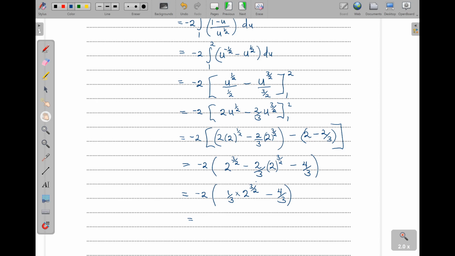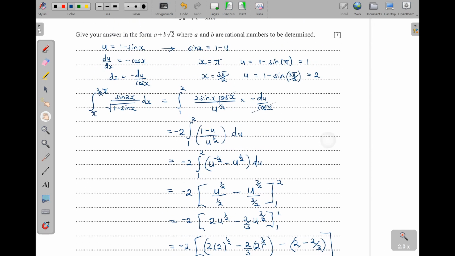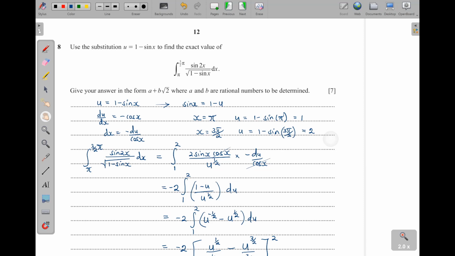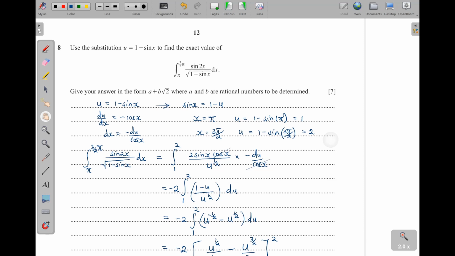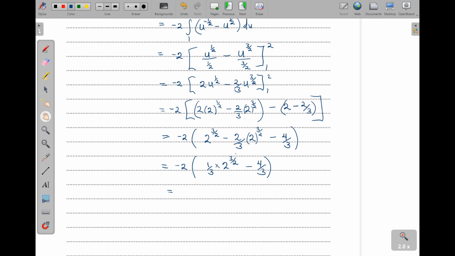But let's look at what we are given here to show. It is a plus b root of 2. Now, simplifying this one here, let's get negative 2 and multiply it all through. So negative 2 times a third times 2 power 3 over 2, then minus 4 over 3.